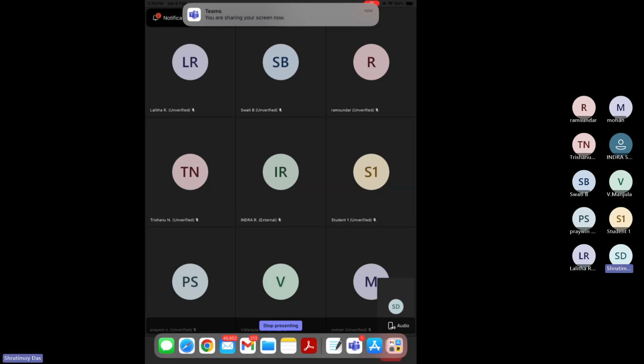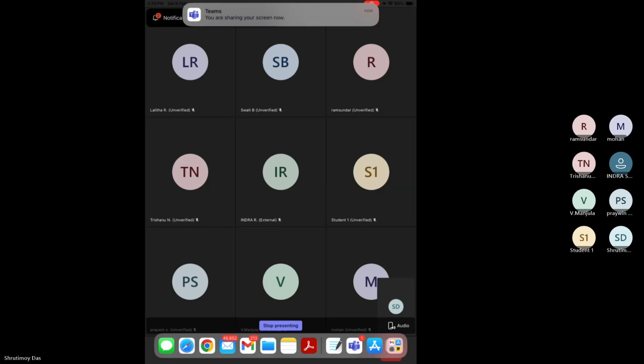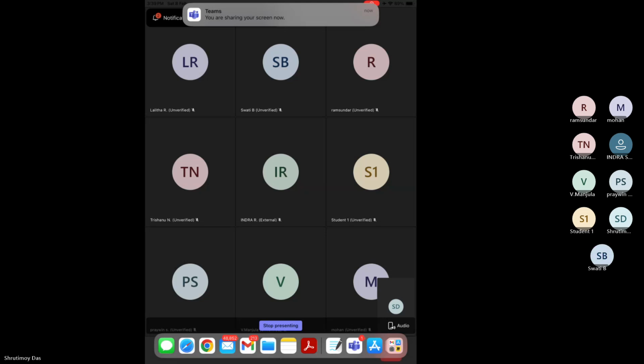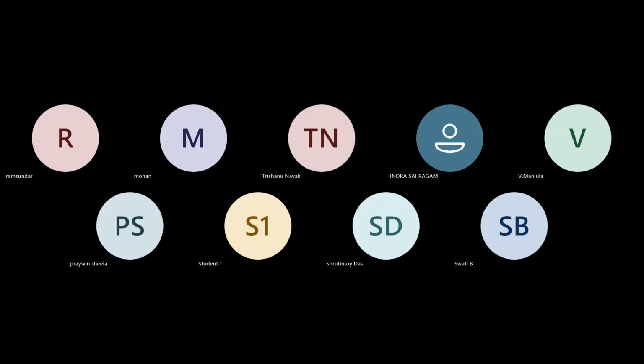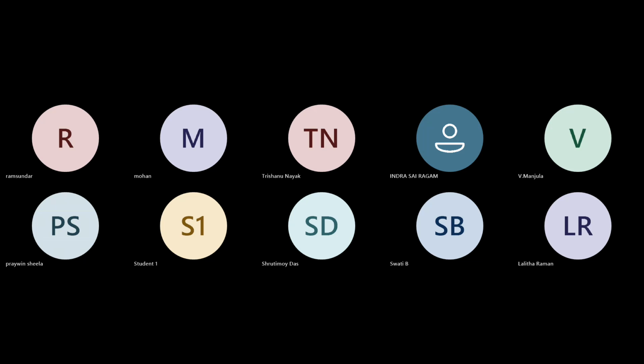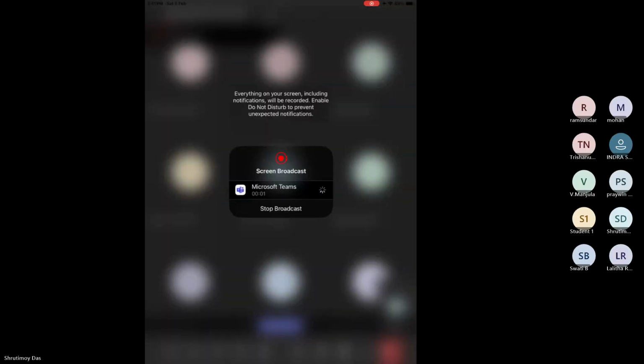Can you please reconnect? Yes, now it is visible. Now we can see.